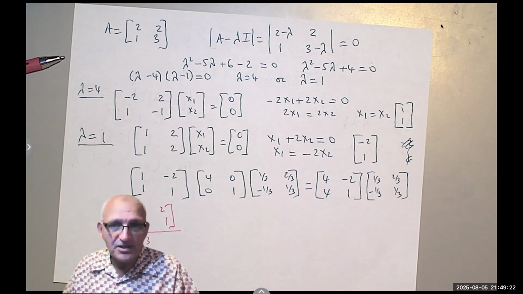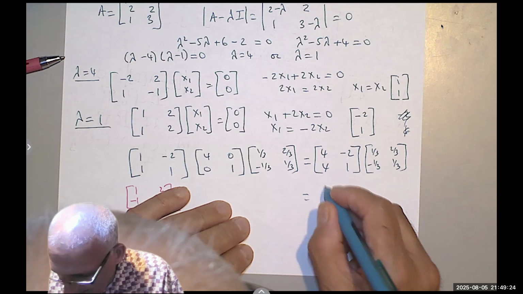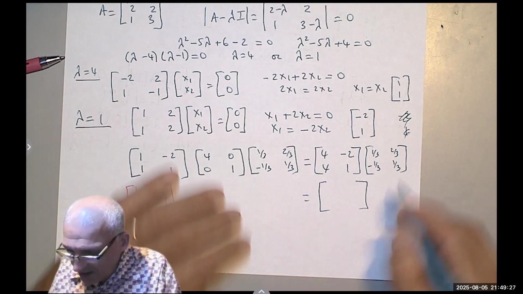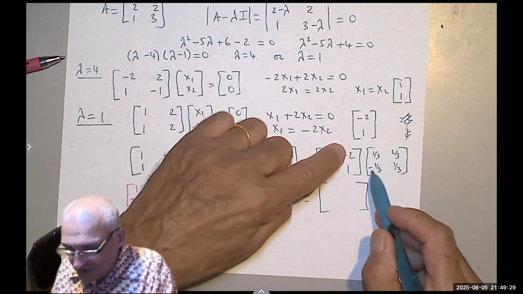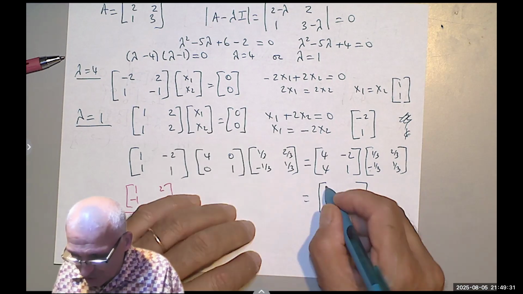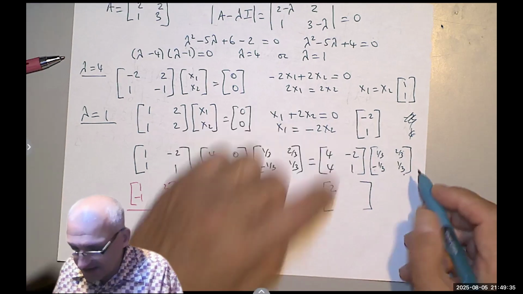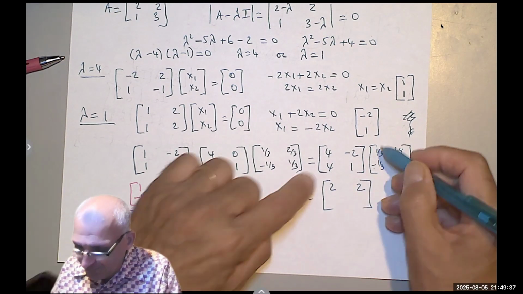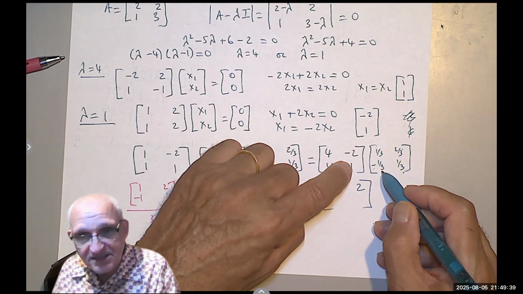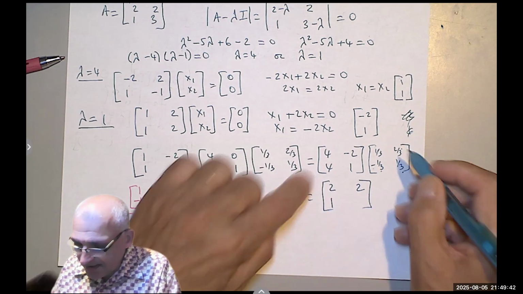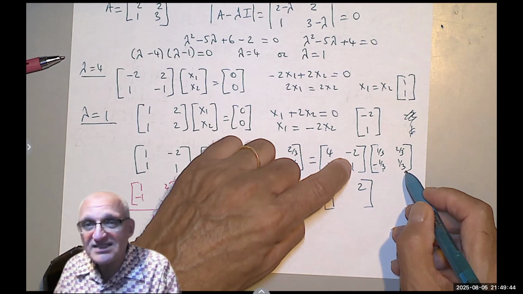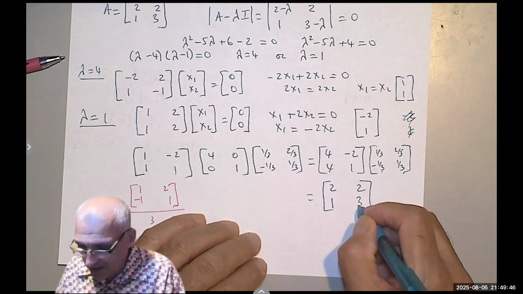You see, it didn't take much time. And then I'm going to multiply these two together. 4/3 plus 2/3 is 6/3 or 2. 8/3 minus 2/3 is 6/3 or 2. 4/3 minus 1/3 is 3/3 or 1. 8/3 plus 1/3 is 9/3 or 3.